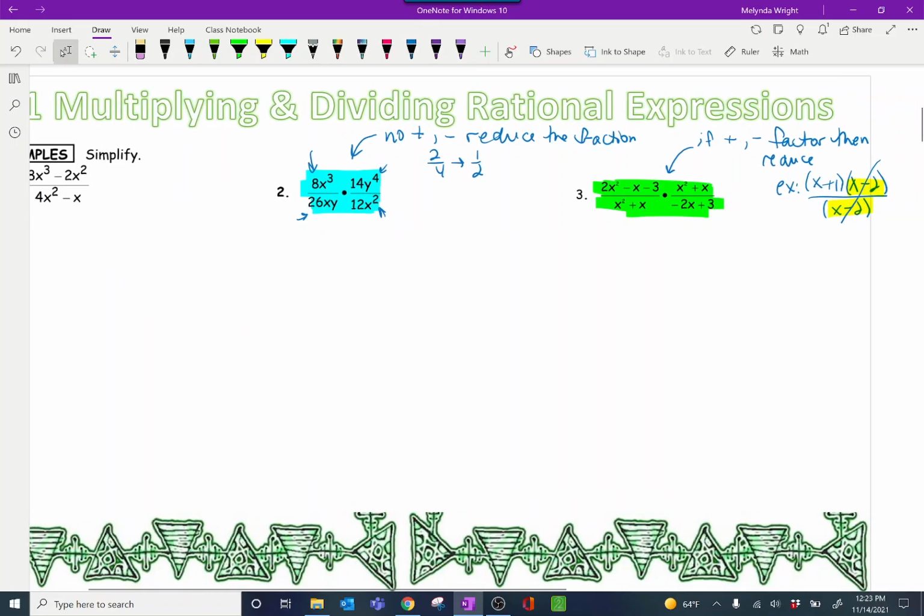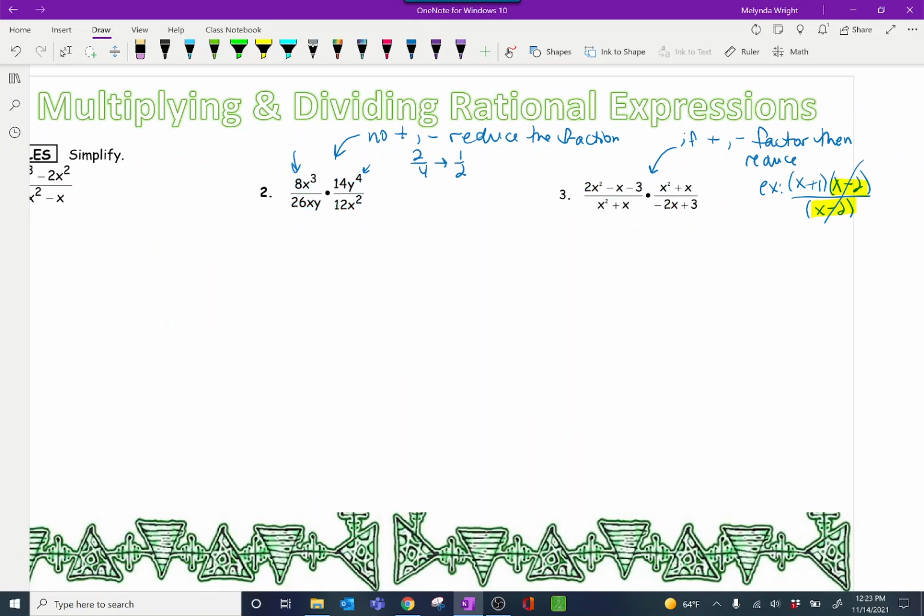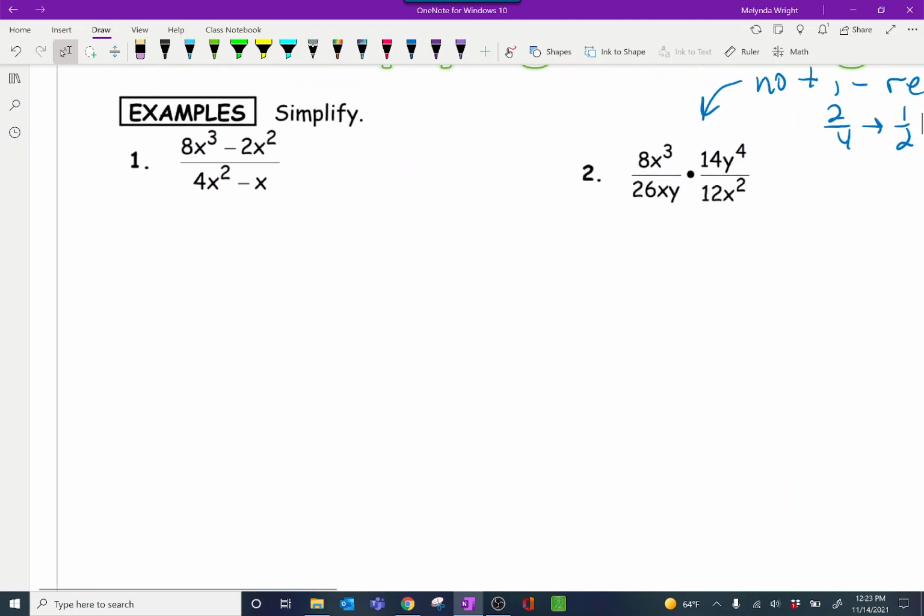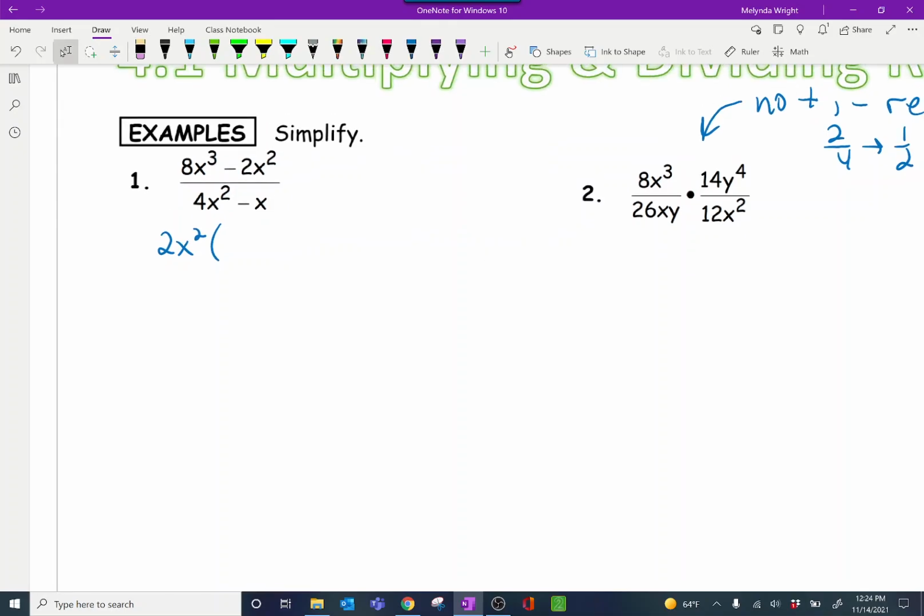Let me get rid of this. Let's look at our first example. Notice that we have subtraction in the numerator and denominator, so we're going to have to do factoring. In the numerator, we have a greatest common factor of 2x squared. When I factor that out, remember factoring means dividing, so let's do scratch work.